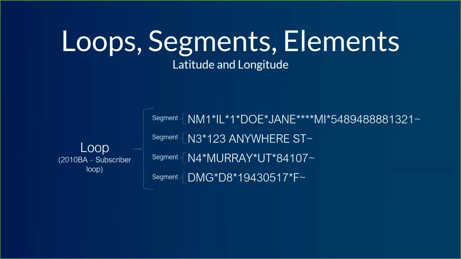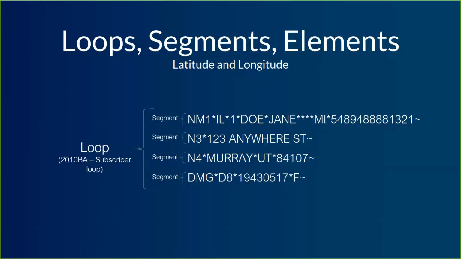But even if the information were all run together, you can still tell where segments are beginning and ending, because they will always begin with some kind of short code, usually 2 or 3 characters, and they will always end with a tilde, which is that squiggly line at the end. So if the N3 line there were run up against the first one, I would still know that the NM1 line ends with the tilde, and the next segment must be the N3 segment.